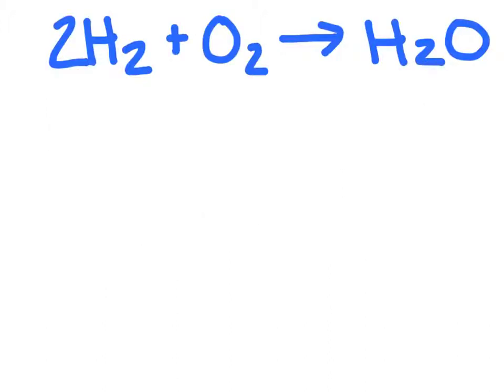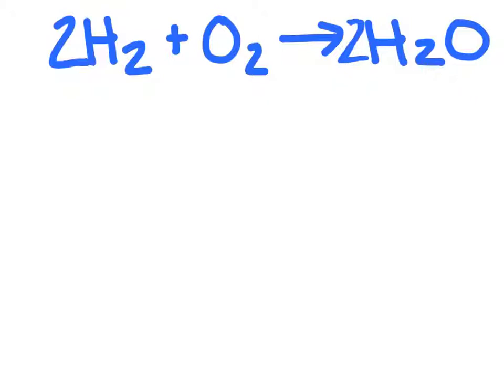So from the last lesson, we learned to interpret this reaction by saying to ourselves that when 2 moles of hydrogen gas reacts with 1 mole of oxygen gas, it will produce 2 moles of H2O. Okay, you should be able to say that to yourself when you read the equation.